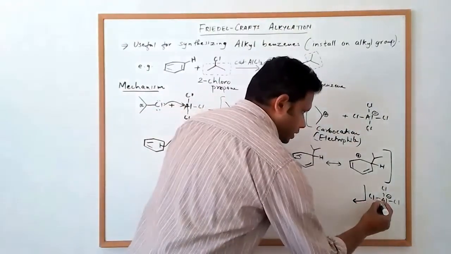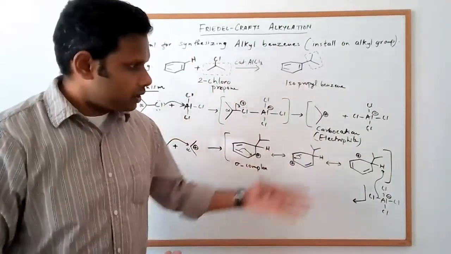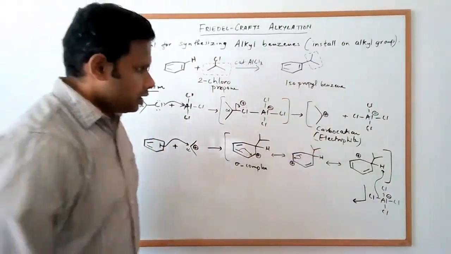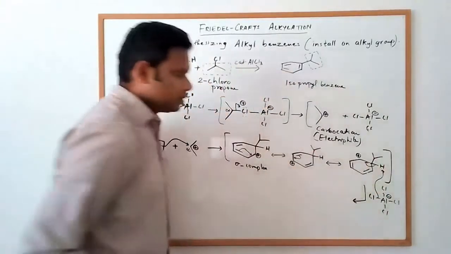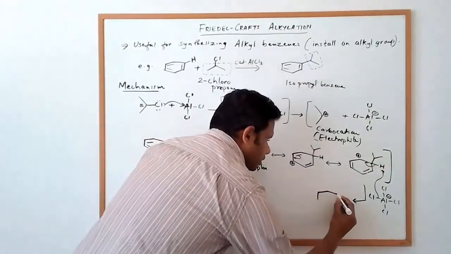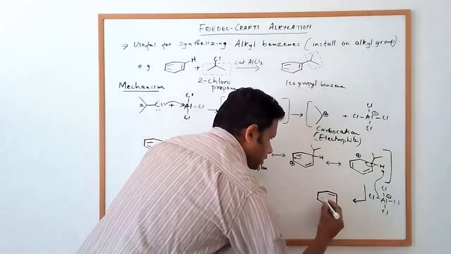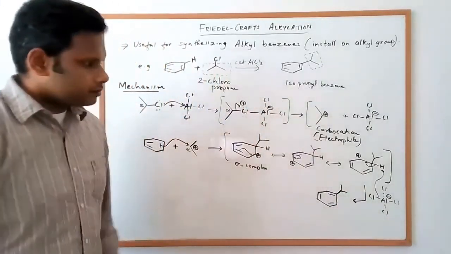So one of the chlorines here can abstract or deprotonate the sigma complex, and the electrons from this bond will go to the space there to restore aromaticity. So we can make the molecule aromatic again.